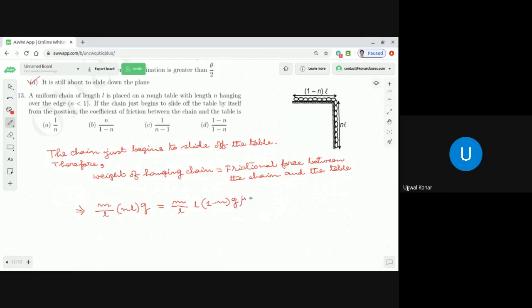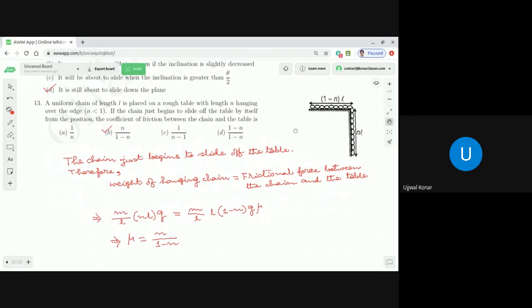I hope it is self-explanatory. And from here, you find the value of mu is equal to N by 1 minus N. Eventually, we get the correct option as B. Shrest, please do let me know if something is not clear. Sir, I got it, sir. Okay, all right. So now let me bring the last two questions, dear students.